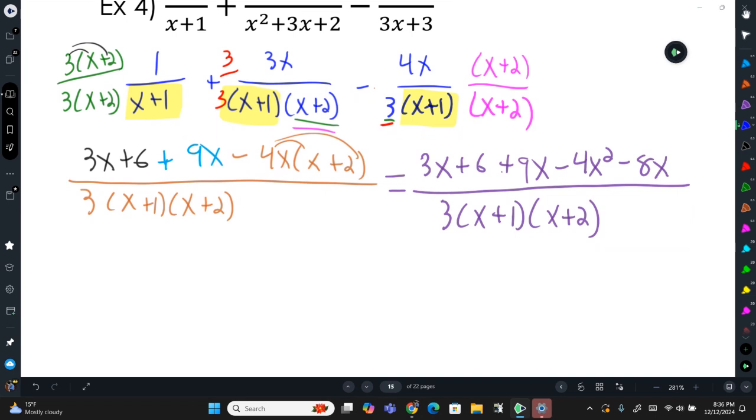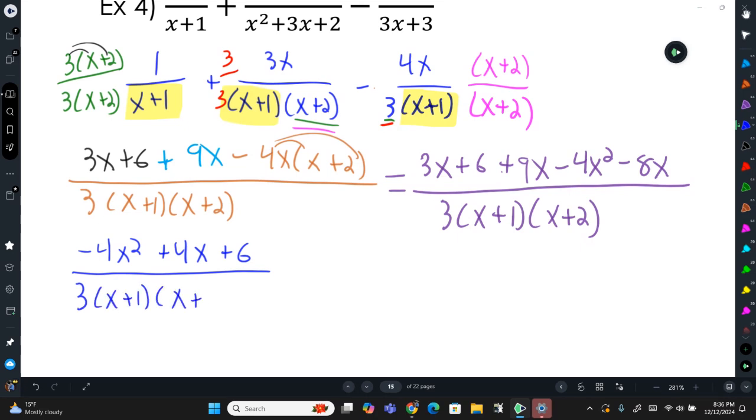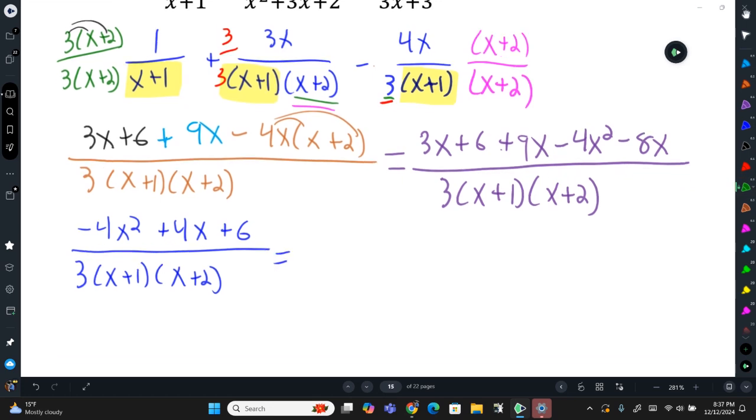Combine our like terms, we have negative 4x squared. 3x plus 9x minus 8x is positive 4x. And then we have plus 6 over 3 times x plus 1 times x plus 2. We can factor out a negative 2 from the numerator.